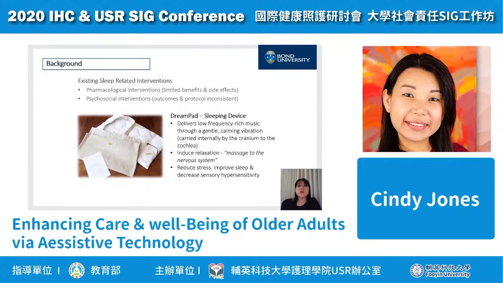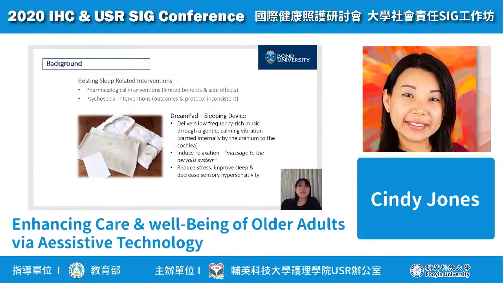Now, there are also reviews that indicate that although there is promising support for psychosocial interventions such as exercise, music therapy, light therapy, aromatherapy, CBT (cognitive behavior therapy), even acupuncture, valerian, and ginseng, to help with sleep disturbances, the outcomes and the protocols in the use of these psychosocial interventions are really inconsistent.